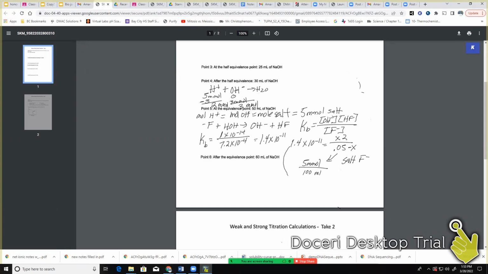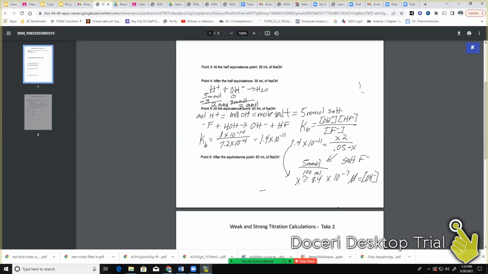All right, so I'm going to just finish up from here. So when I solve for x, I get x is about equal to 8.4 times 10 to the negative 7 molar. And I need to realize that this is my hydroxide concentration.